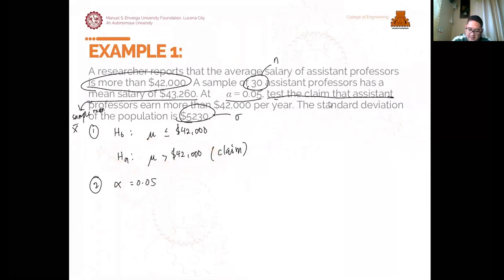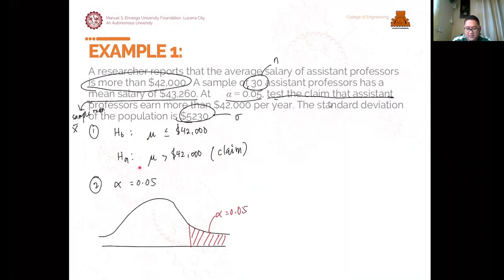So, ibig sabihin, ang standard normal distribution natin is pertaining dito sa portion na 'to. Okay? So, ito yung 0.05. Again, na-discuss na natin 'to kung paano nalalaman kung one-tailed, two-tailed siya, and then kung anong side siya. Okay? So, better recall nyo na lang.